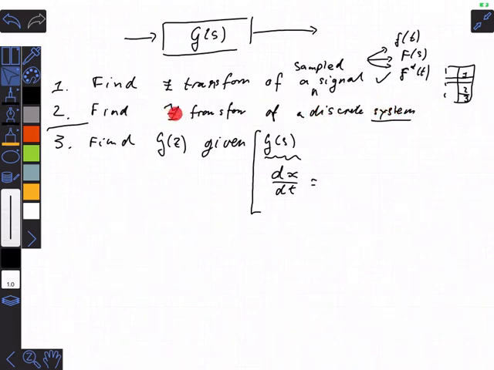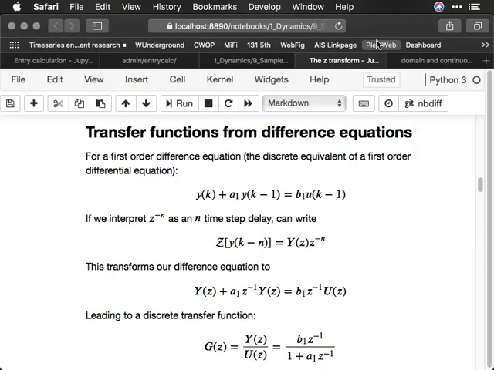So I've got a Z transform. I'm trying to do that on a difference equation. And so one kind of obvious route from a continuous system to a Z transform is to approximate that continuous system using discrete difference equations.